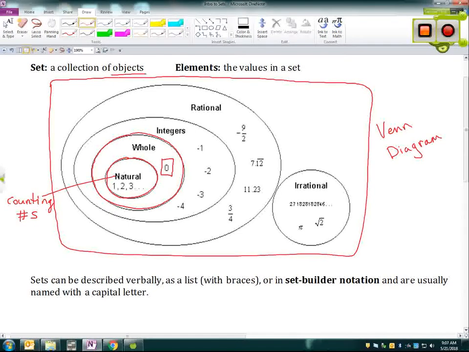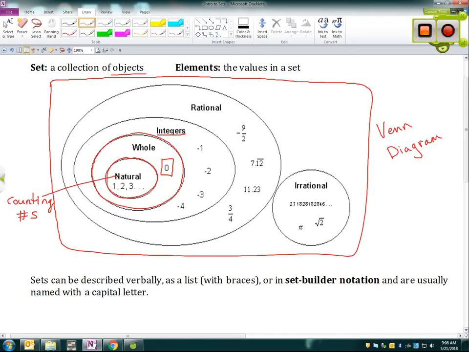And the next bubble moving outward is integers, okay? Integers are numbers that can be positive or negative or 0 and are whole numbers. So we have all of the numbers inside whole numbers, which would be 0, 1, 2, 3, 4, etc., as far as we can go.